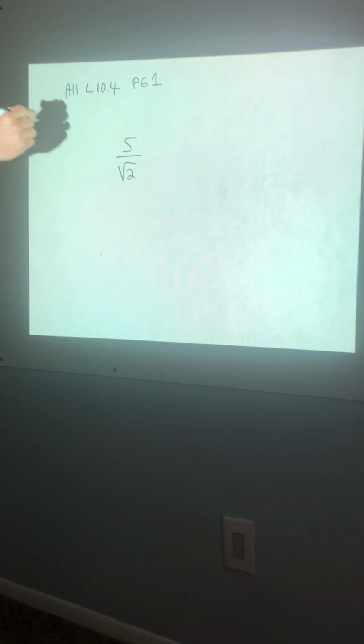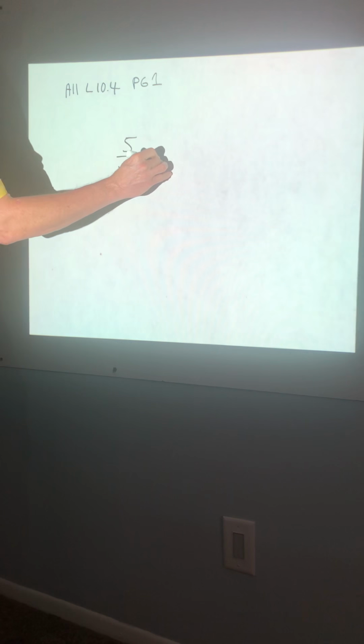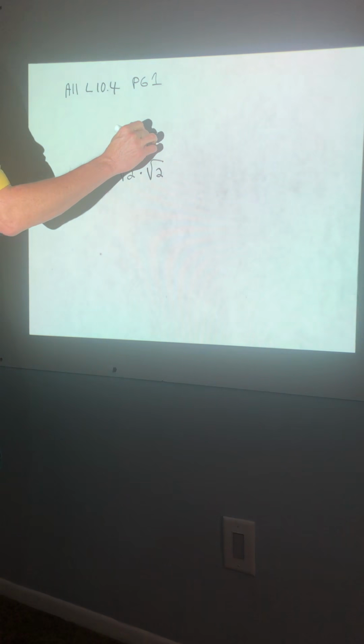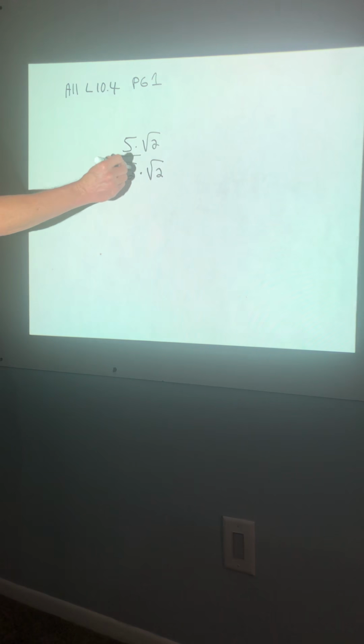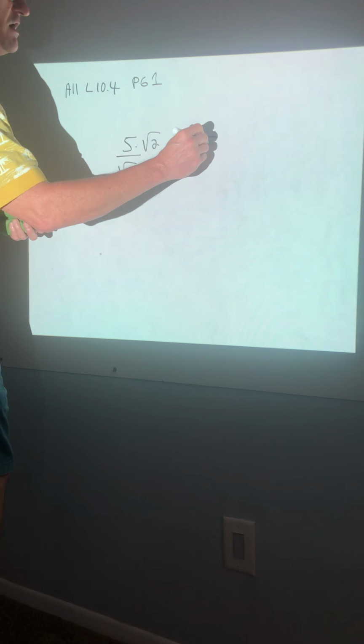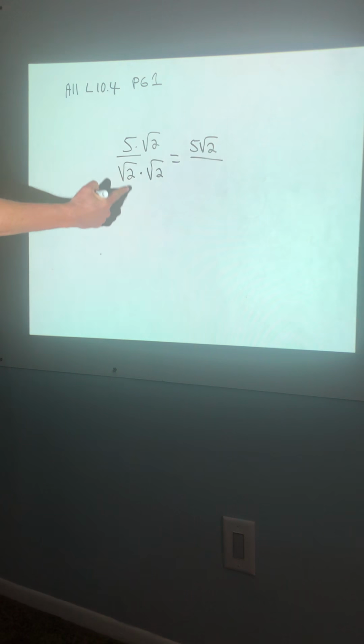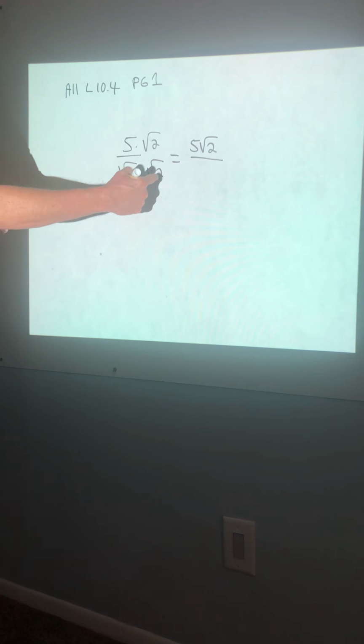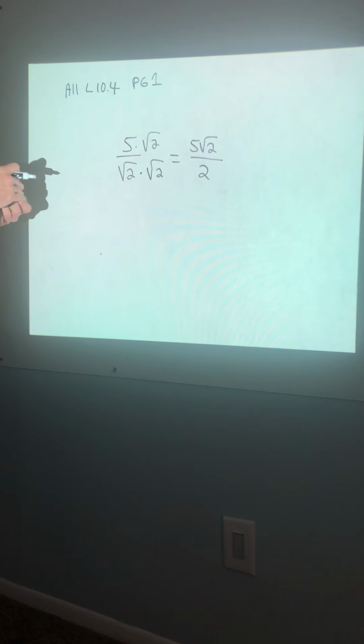All you've got to do is multiply the numerator and the denominator by that same denominator. So whatever this radical is, you multiply the top and bottom by it. The top's really easy. It's just your coefficient times that radical. And then a radical times itself is just the radicand, the number inside.